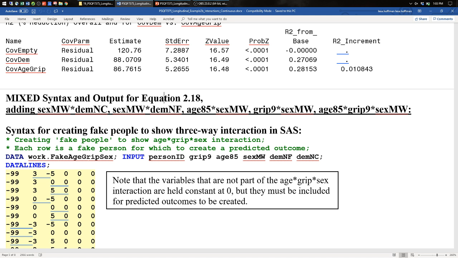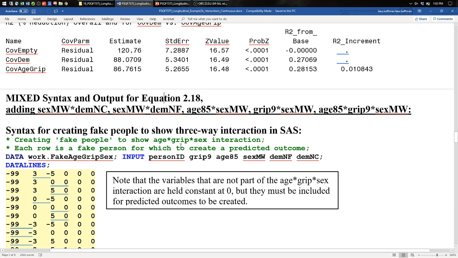So we're returning back to the same data sets and modeling set of models that we're looking at from chapter 2. Just to remind you, these are 550 older adults. We're predicting cognition from chronological age, which has been centered at 85 because that was near the mean.